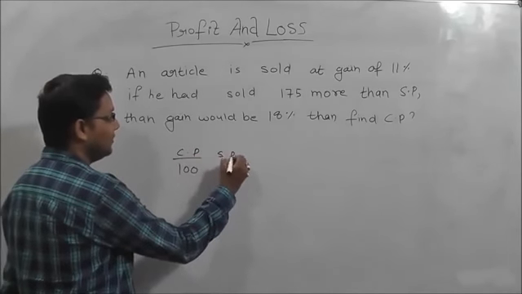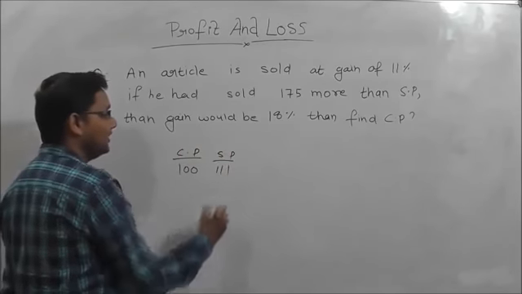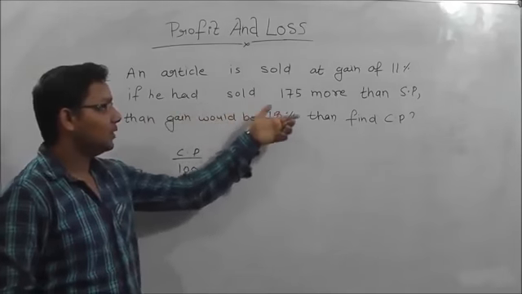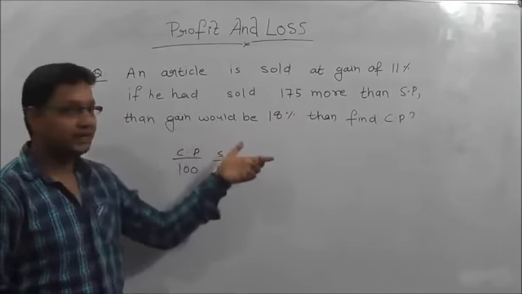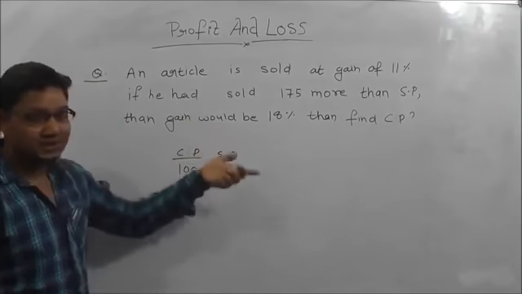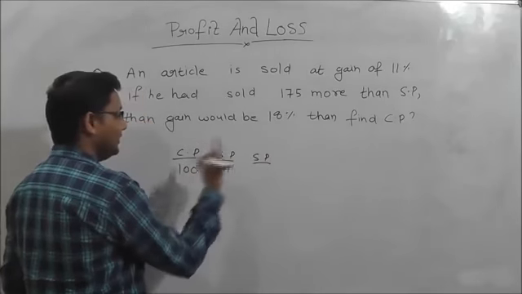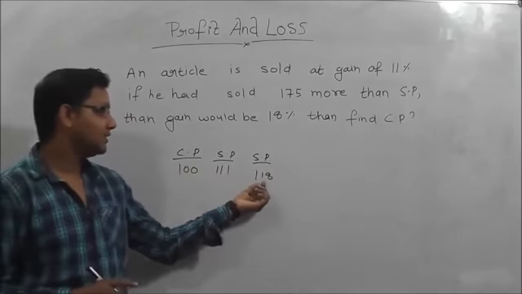Selling price will be 111% of cost price, so 111. If he had sold for 175 more, he would have gained 18%, so the new selling price will be 118.